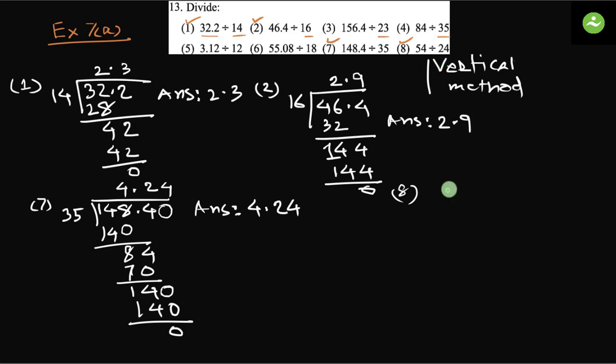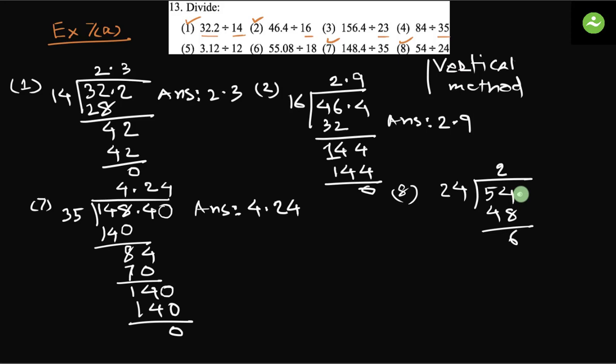The last one, number 8. 54 divided by 24. 24 into 2 is 48. If we deduct, it is 6, and 4 and 1 is 5. Now, to continue the division, we make the 54 a decimal fraction.